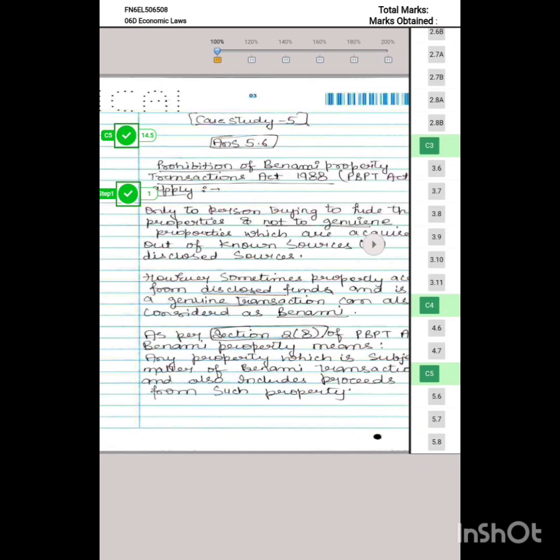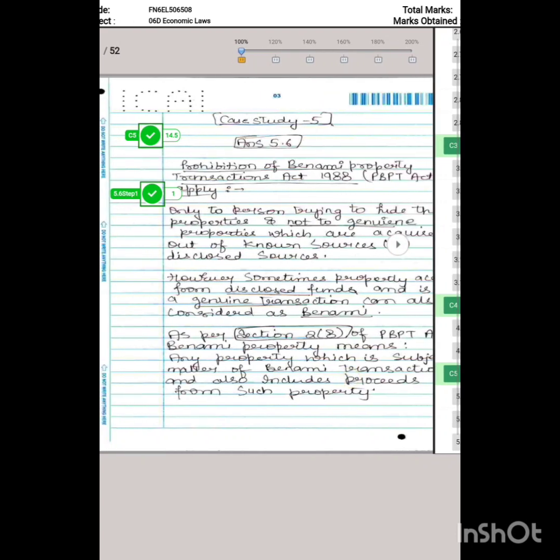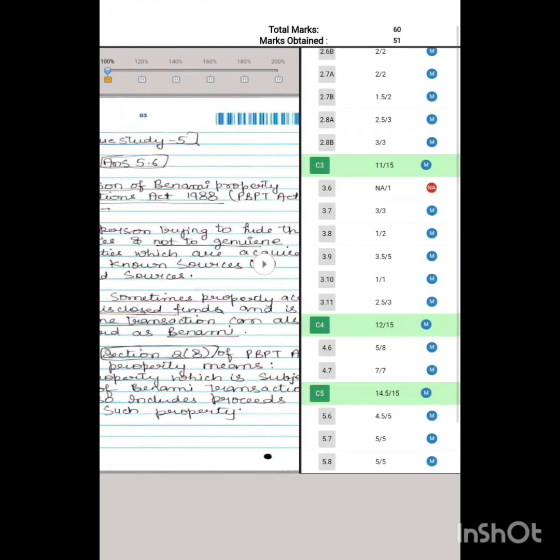You have to underline the important words, and section numbers also you should write in your paper 60. Also the act name and case laws, wherever applicable, are required in paper 60. So this is how I presented my first answer, 5.6.